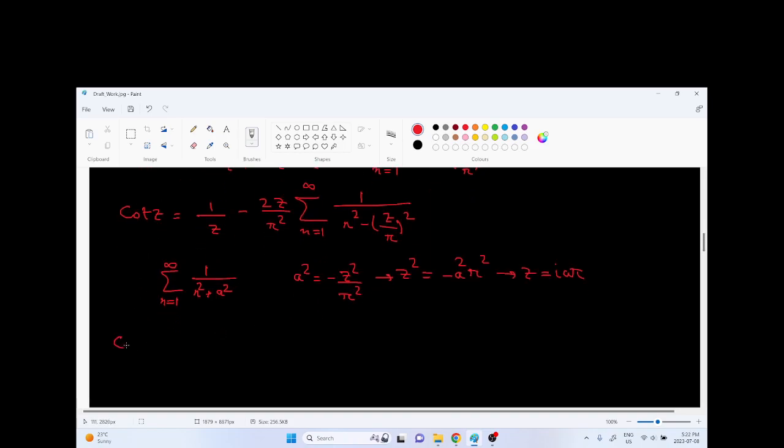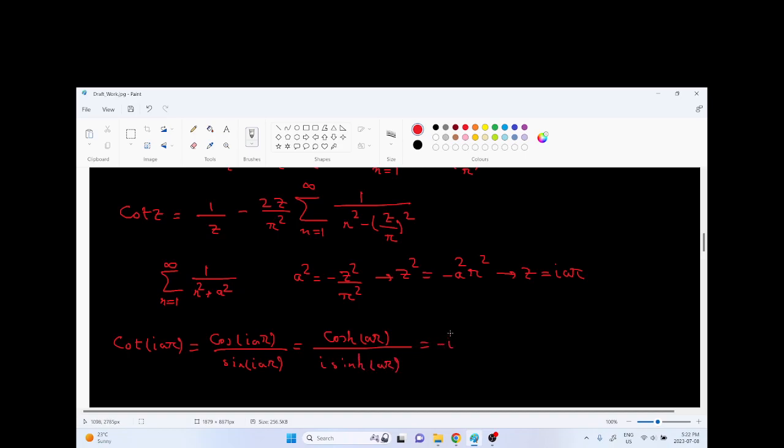So on the left, if we set z equal to i a pi, we get cotangent of i a pi, which is cosine of i a pi divided by sine of i a pi, where cosine of i a pi is cosh of a pi, and sine of i a pi is i times sinh of a pi.